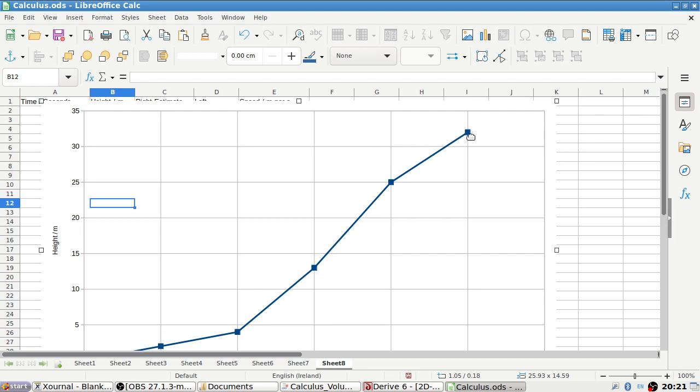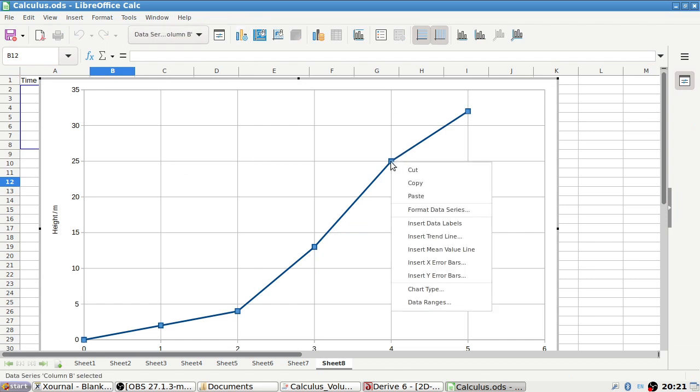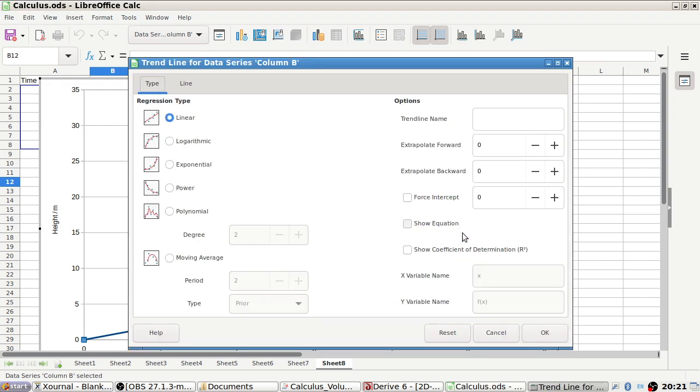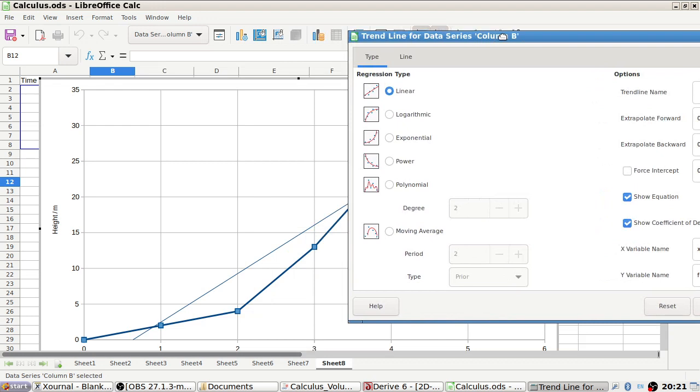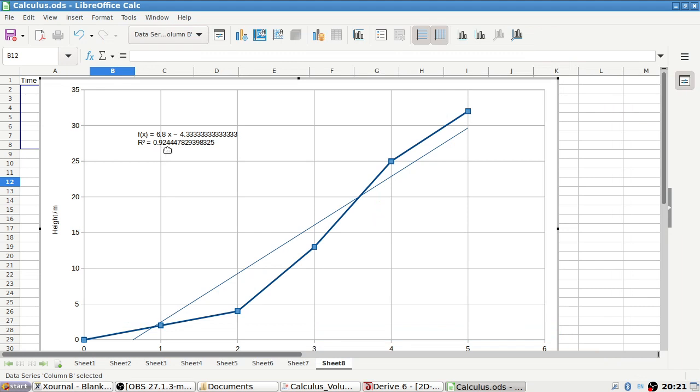There is a way in Excel, but I don't know if I can. Yeah, okay. Show equation. All right, let's see. So the linear is a 92% fit.